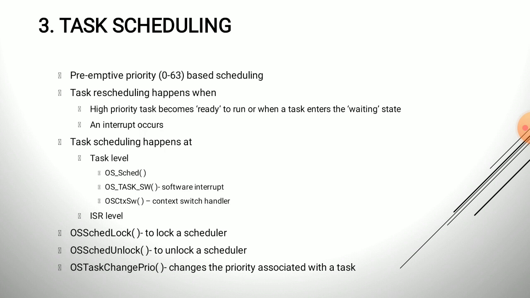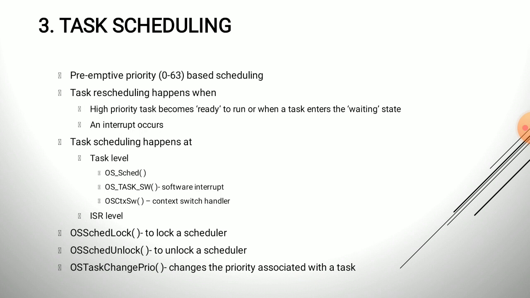Then the third one is task scheduling. The micro C OS2 supports preemptive priority based scheduling. As we know, each task has a priority ranging from 0 to 63, where 0 is the highest priority level and 63 is the lowest priority level.